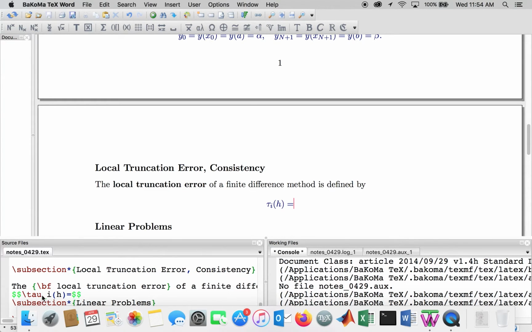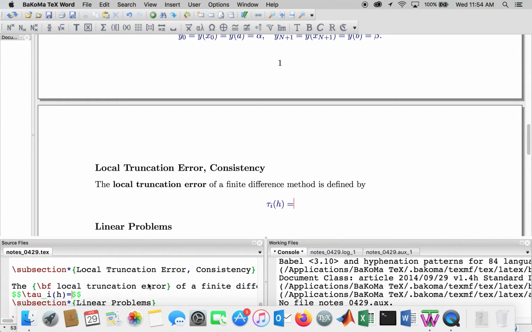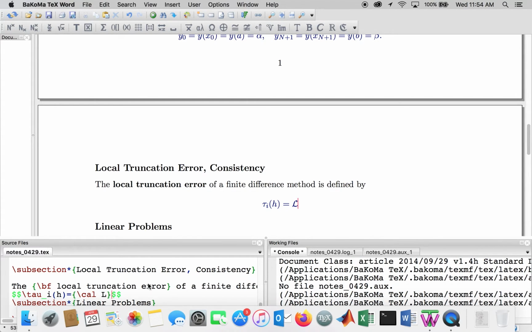We used the letter tau, and n referring to the index of a time step. Here we're using i, the index of the grid point in space. So it's local truncation error defined at each particular point at which the solution is computed, and it depends on the spacing h. In that sense, it's exactly the same idea as for initial value problems. And another similarity: it is obtained by substituting the exact solution into the numerical method.